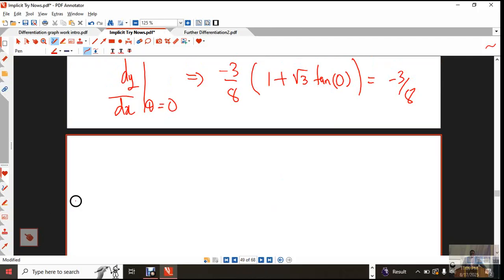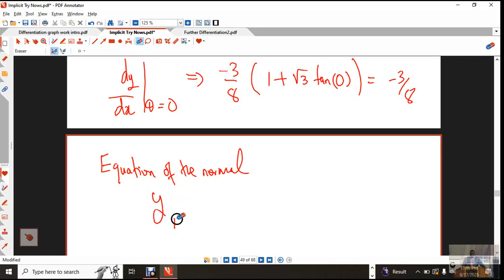But the equation of the normal is y minus y sub 1 equals negative 1 over m, times x minus x sub 1.